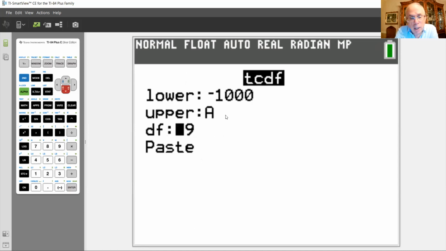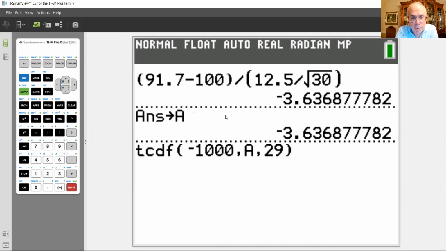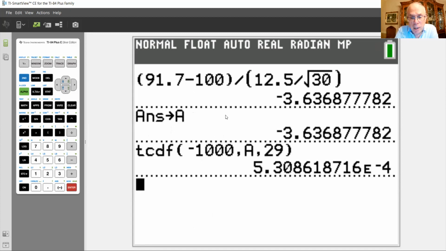And what is our degrees of freedom? The sample size is 30, and 30 minus 1 is 29, so we have to change that. That's the way it would look on your TI-83 calculator. Hit enter. Now let's read through this number. This is the p-value.